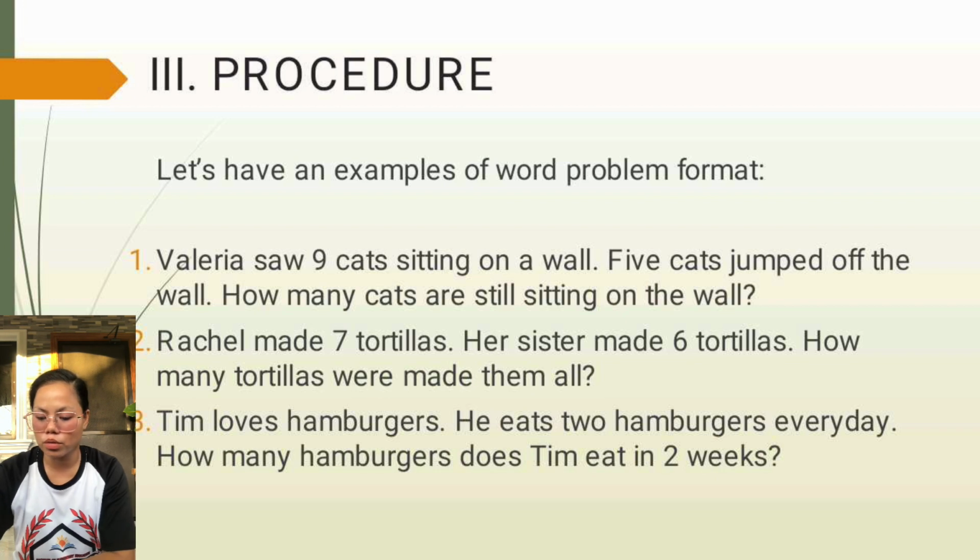Ang iyang igsuon nagbuhat pod og 6. Ang pangutana, pila man kuno tanan ang ilang nabuhat nga tortillas. So pasabot addition. So i-add nato kang Rachel ug sa iyang igsuon. Si Rachel nay 7 ug iyang igsuon nay 6. So 7 plus 6 equals 13. So they made 13 tortillas.